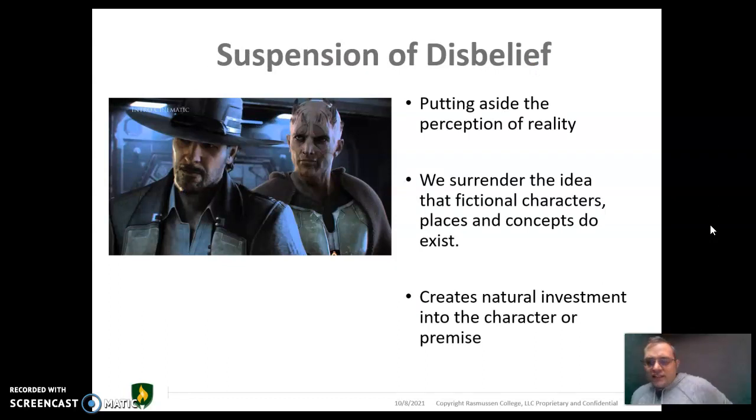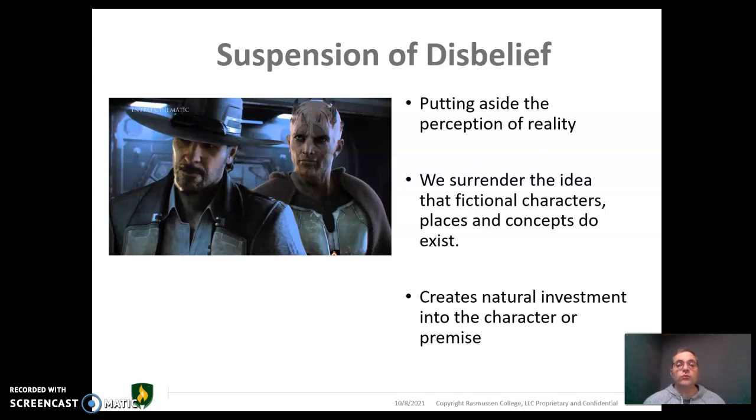Now, another thing that I like to bring up to people is the suspension of disbelief. This huge concept is putting aside the perception of reality. That's how humans understand characters: can this character possibly make sense or feel realistic just by how they are, their mannerisms, their approaches. As humans, we surrender the idea that fictional characters, places, and concepts don't actually exist.